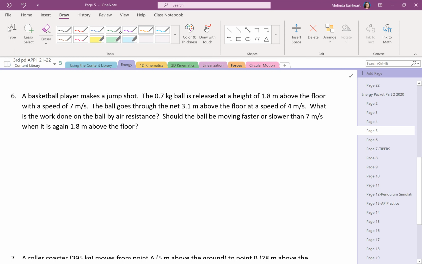So just to compare it to the previous baseball problem, now it's going to travel some kind of horizontal distance. And so we've got this 0.7 kilogram ball. It's released from a height of 1.8 meters above the floor. So this is like an initial height.